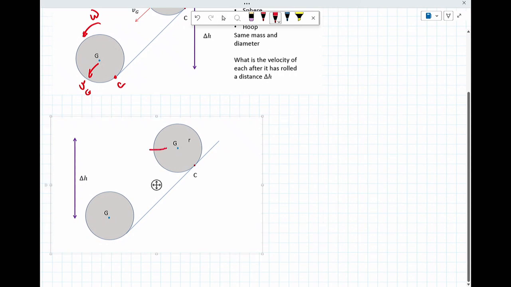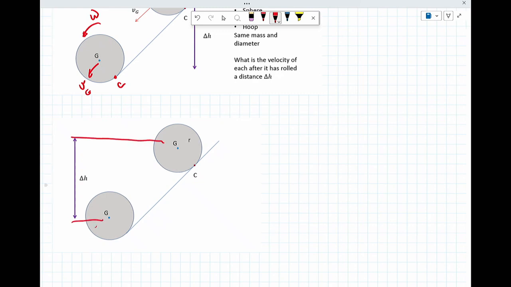It has traveled down a distance h, so delta h. So it starts at the top, it goes to the bottom, it stays in contact with the ground. This is at an angle theta, and there's a normal force here.